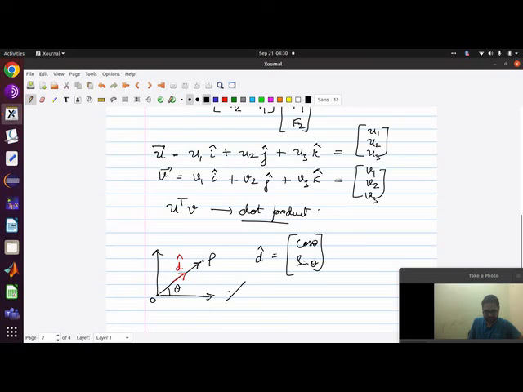So t cap is a unit vector. This is 1 unit. This is theta. So this will be simply 1 cos theta. Your x component will be 1 cos theta, y component will be 1 sin theta. So direction, if you know the theta, you can simply directly get the direction vector.